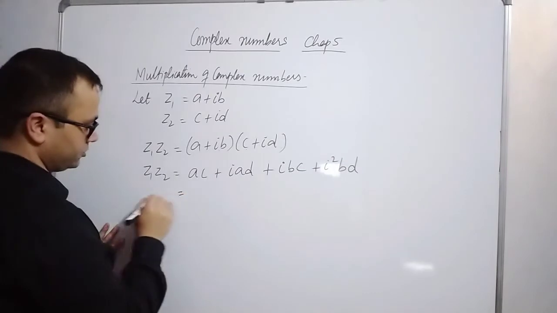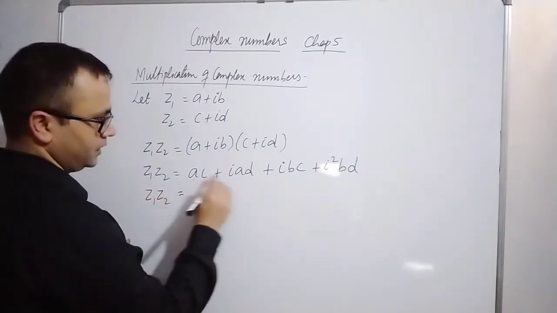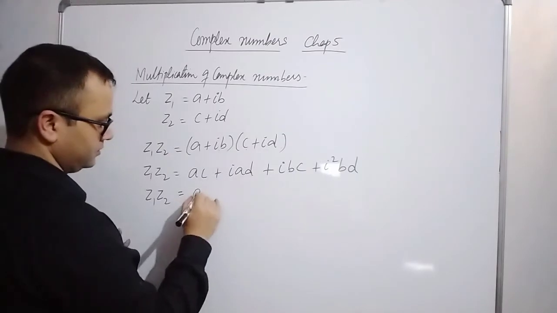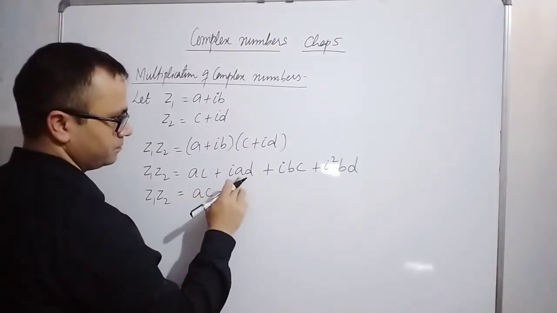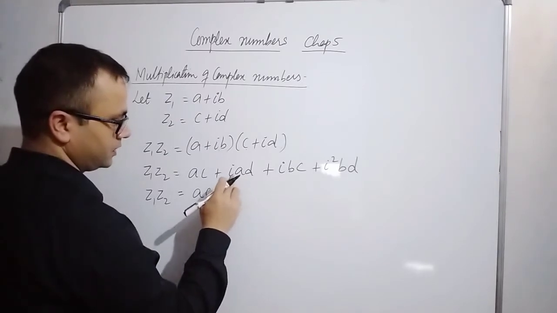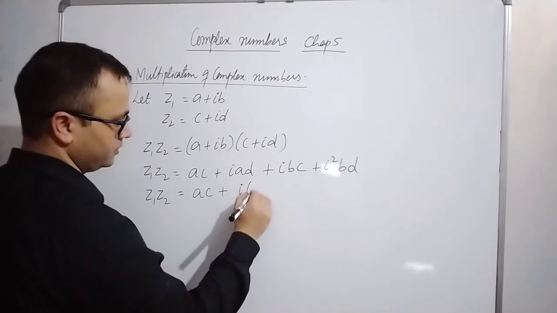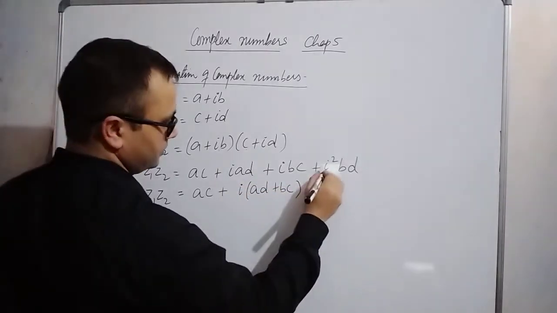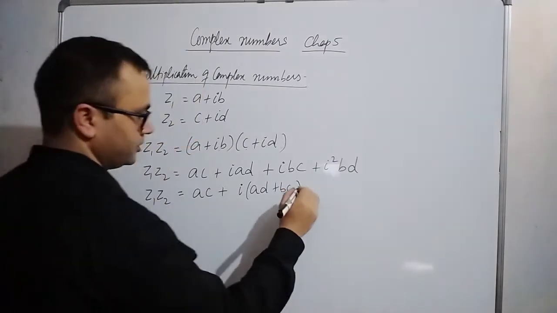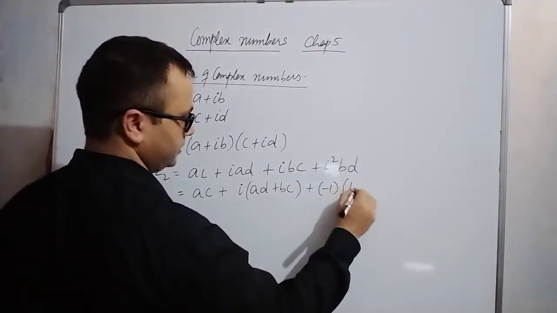So this equals AC plus, from iAD and iBC, we can take i common: i(AD plus BC). We know that i square is minus 1, into BD.